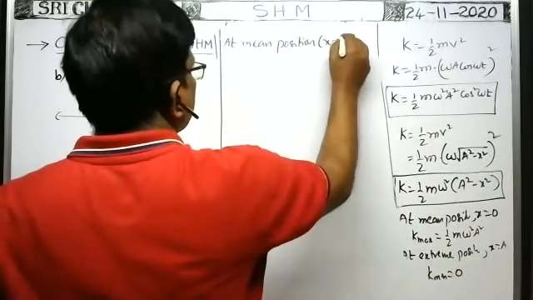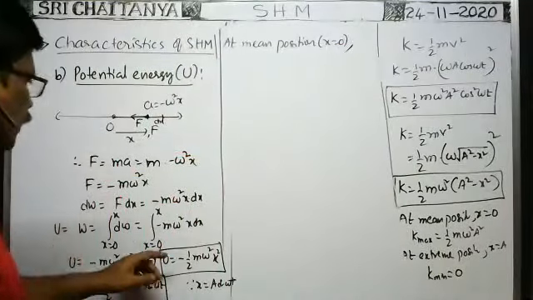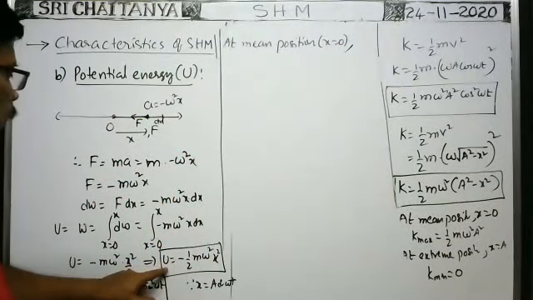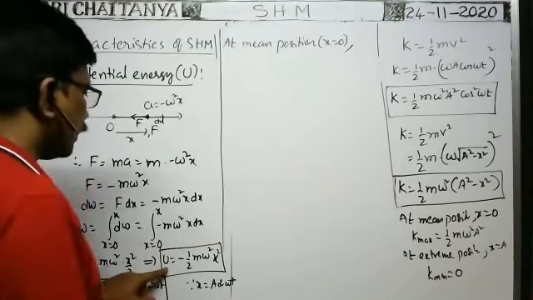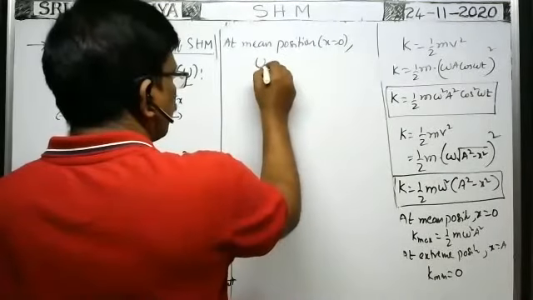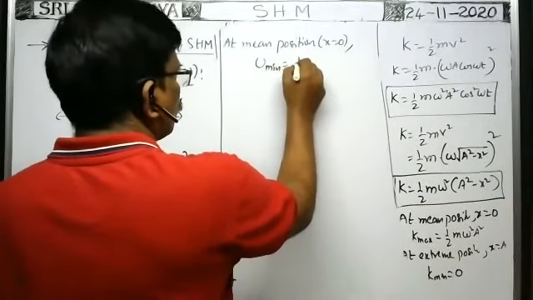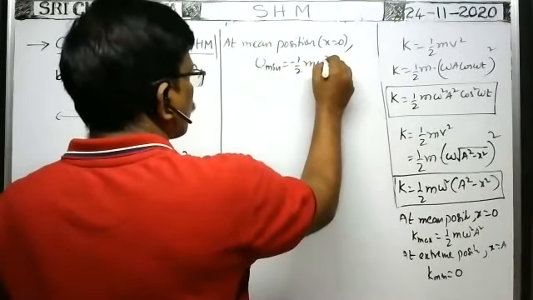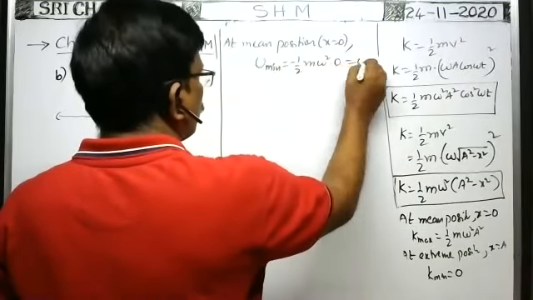At mean position, x is equal to 0. At mean position, when x is equal to 0, potential energy is 0. That means minimum potential energy is 0. That is equal to minus half m omega square into x square, which means 0.